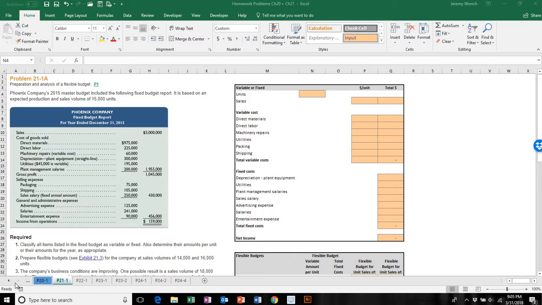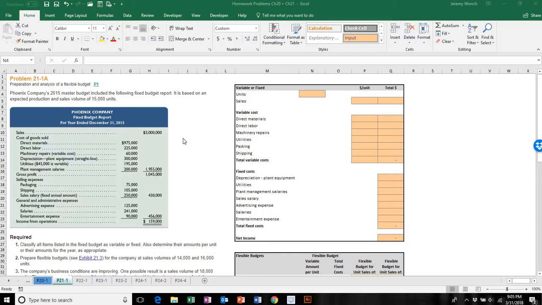So in this problem, 21-1, we have Phoenix Company, and we have a master budget, and it calls it a fixed budget report. And that's not like a fixed versus variable cost like we've been talking about. That's a fixed versus flexible budget. So this is their initial budget for the year.